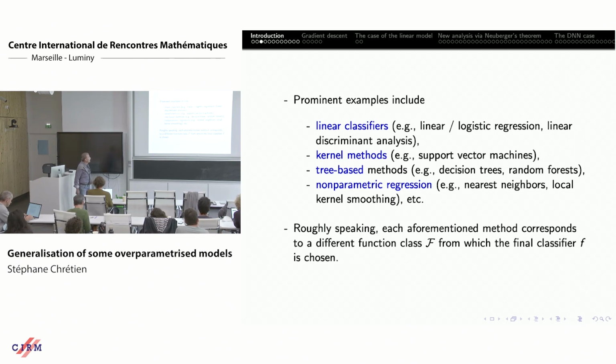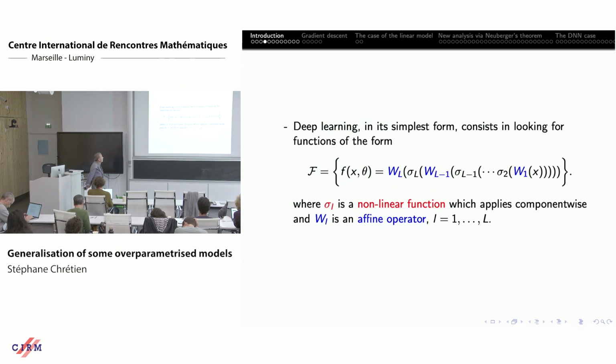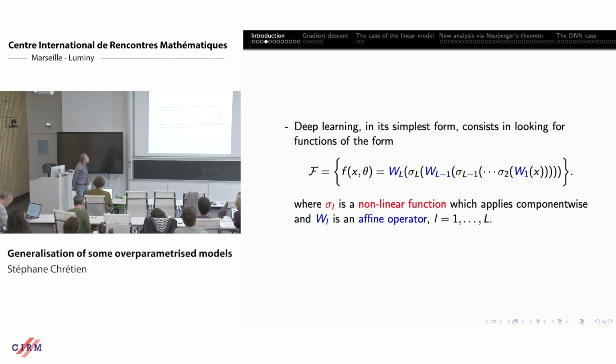But of course, what we're interested in at the moment is also this kind of function, which we call a deep neural network. When the matrices W in this model have a specific form, then you have a specific architecture, and this is a very flexible way of representing functions.